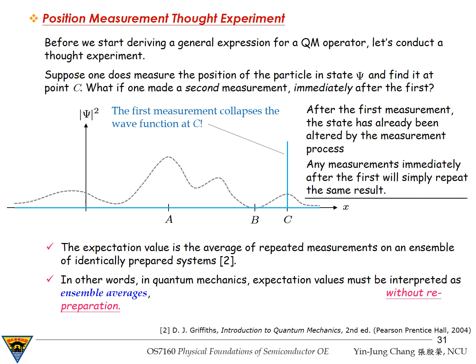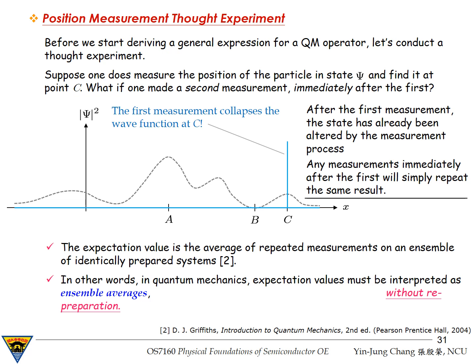Therefore, any position measurement made immediately after the first one will simply repeat the same result, which is the particle will again be found at point C. So this thought experiment is extremely important because it warns us against a common misunderstanding.